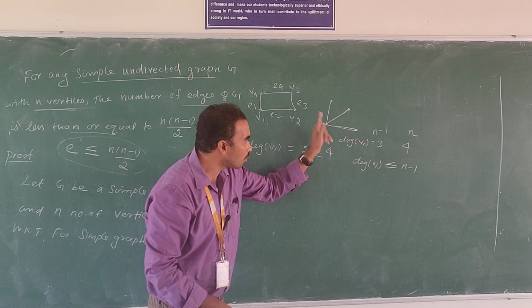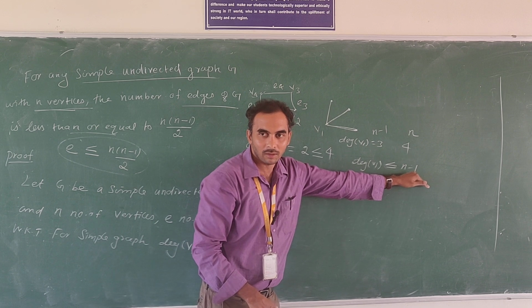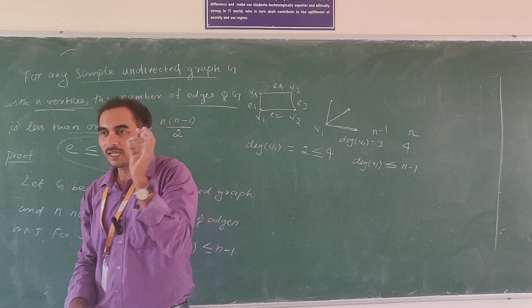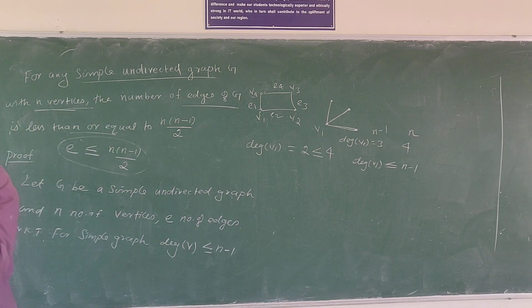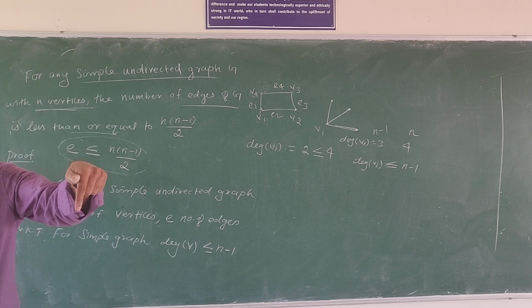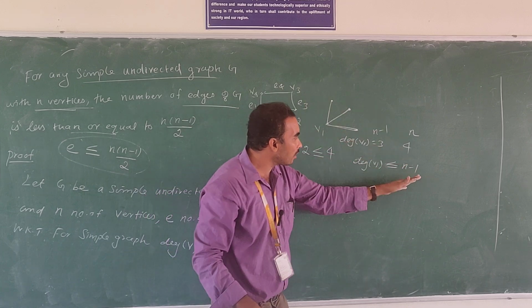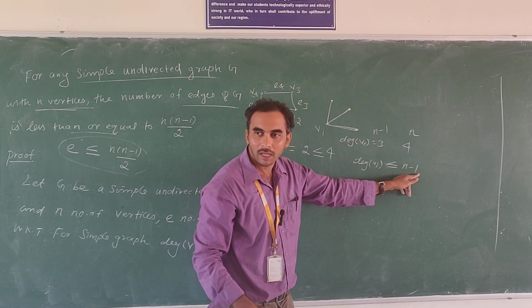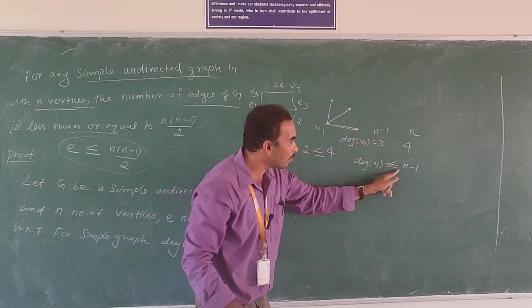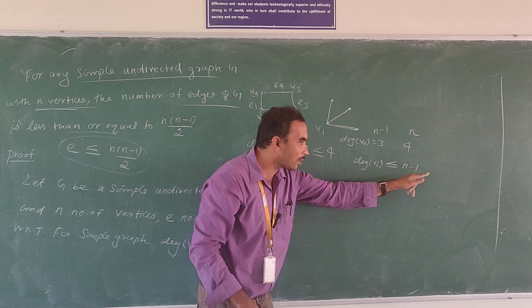The degree of V1 should be less than or equal to n minus 1 only. Any degree of the graph should not cross the total number of vertices of the graph. The utmost degree will be n minus 1 or less than n minus 1.